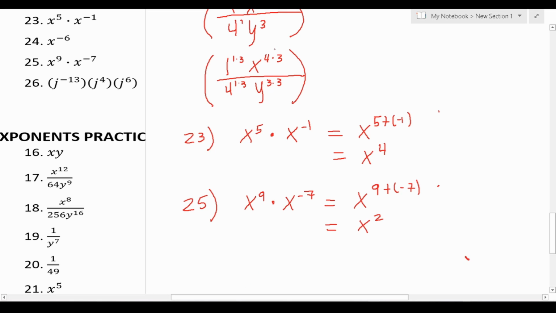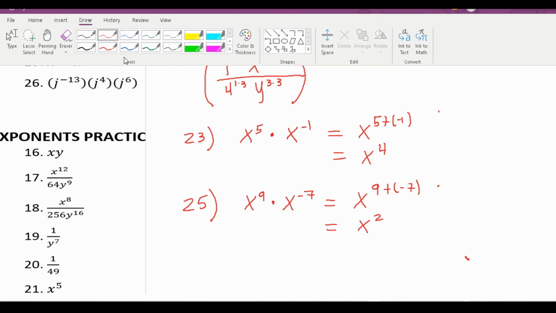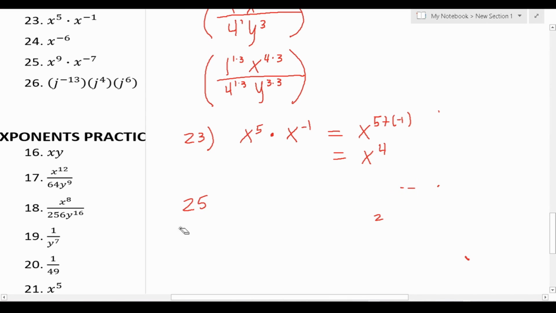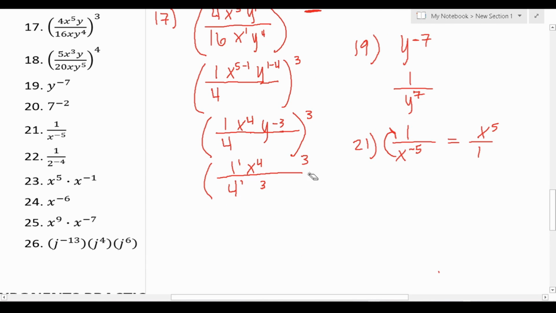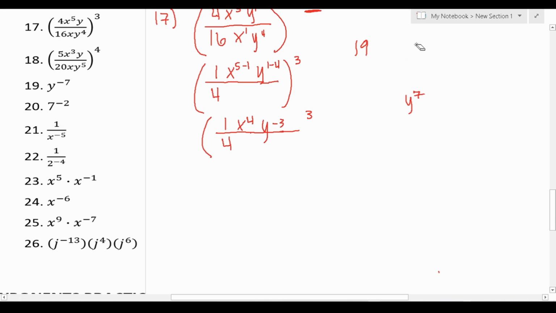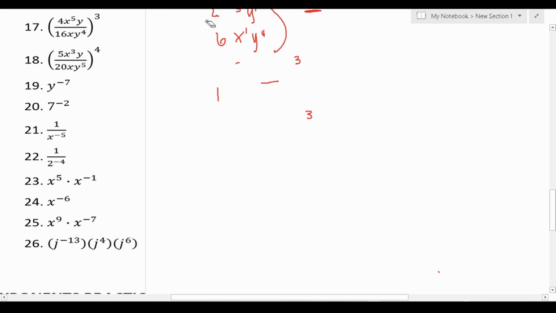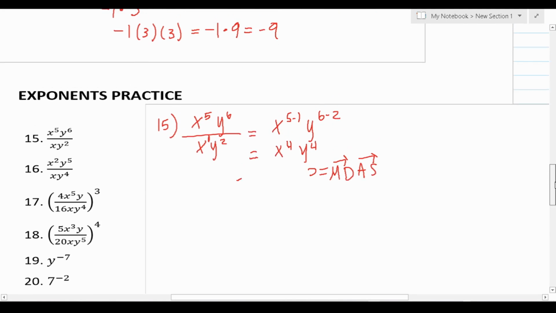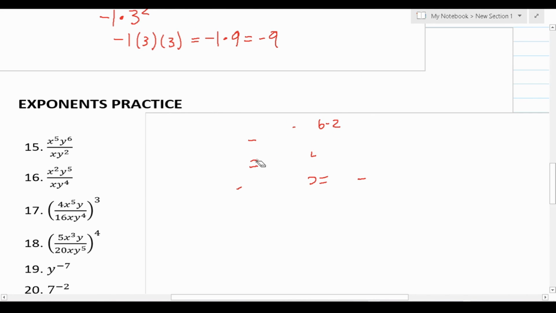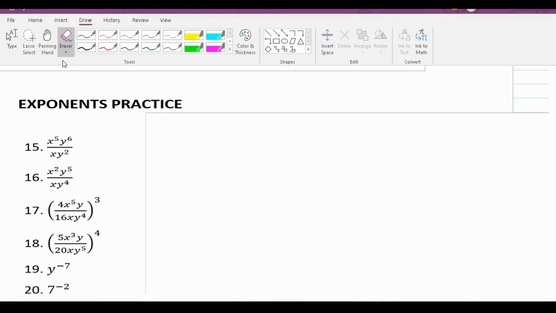All right, so let's erase this and then move on to the third column, and then I think that will be enough practice for today. And I don't think we're going to do all the problems in the third column because toward the end, this worksheet gets a little ridiculous in my opinion.